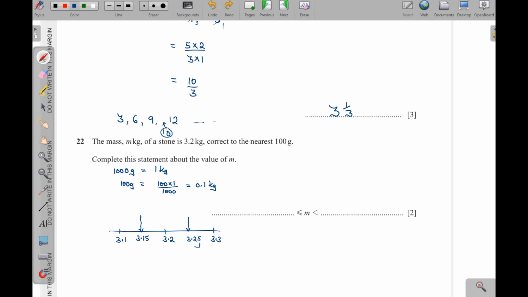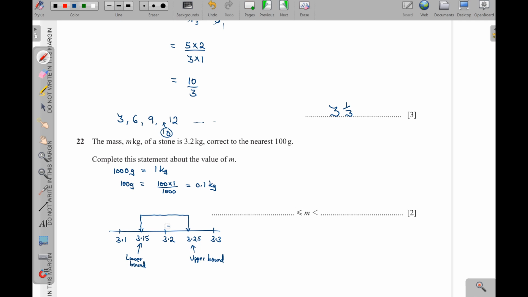So that means the values that are going to give me the 3.2 will be within this region, below this one, but here we are beginning from here, because when you round this one to one decimal place, you are going to get the 3.2. You see that? So by doing so, this happens to be the lower bound of 3.2, and then this one happens to be the upper bound. Okay, this is the upper bound of 3.2.